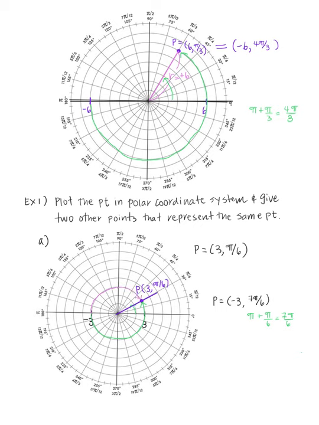In that case, our starting point is negative 3. And how much do we revolve? 90 plus 60. 90 is pi over 2, plus 60 degrees is pi over 3, which is 5 pi over 6. So another representation will be (negative 3, 5 pi over 6).